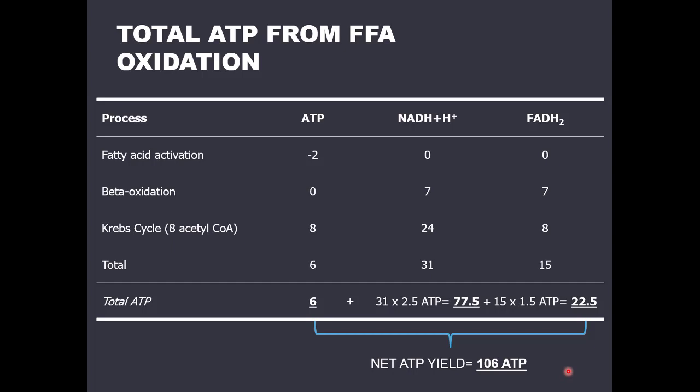Now, this is generally why, speaking of energy yield, it is said that fat has more energy yield than carbohydrates. And this also explains why, when quantifying the energy of fat versus carbs, fats have greater caloric value than carbohydrates, calories being a quantification for energy.